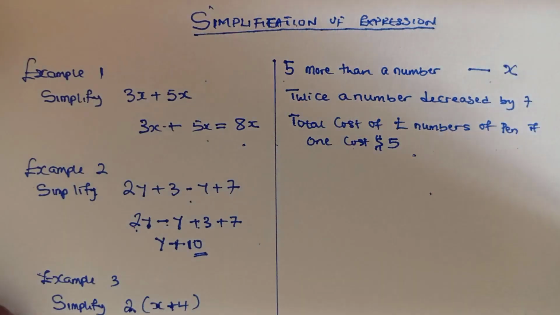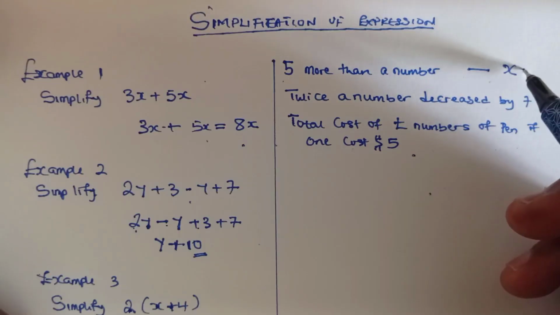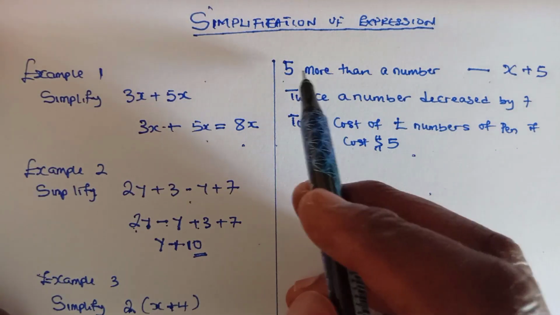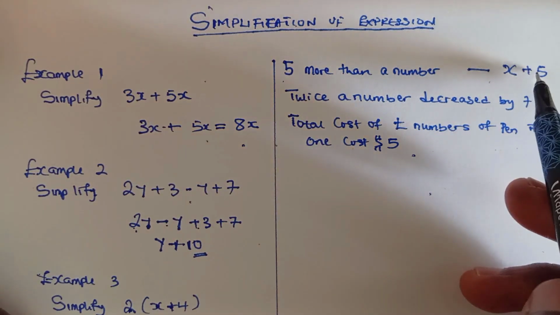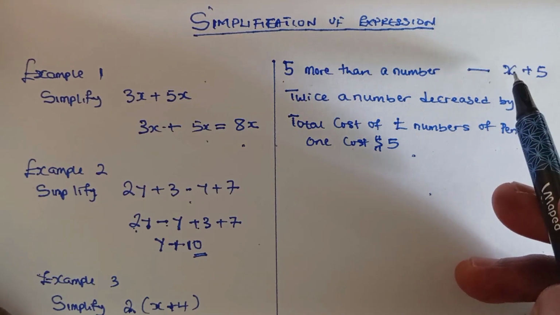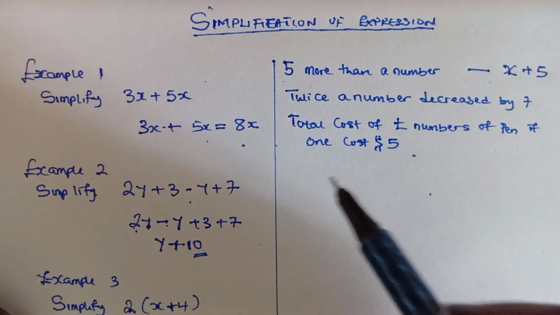And then 5 more, so we're now going to add what? 5. This is simply the explanation of this sentence. 5 more than a number, so the number is x, we don't know the number, then 5 more.